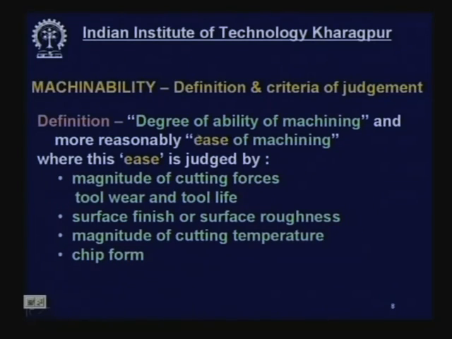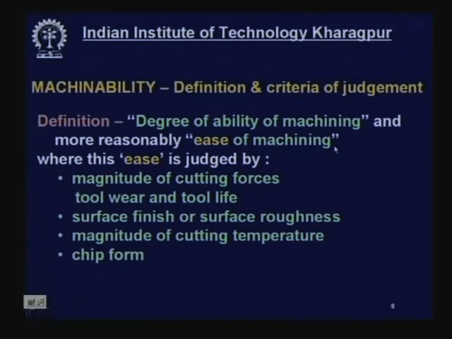Now, the definition: degree of ability of machining, whether a material can be machined or not. If it is able, then what is the degree of ability of machining, and more precisely, we can use the word ease of machining, how easily the work material can be machined.